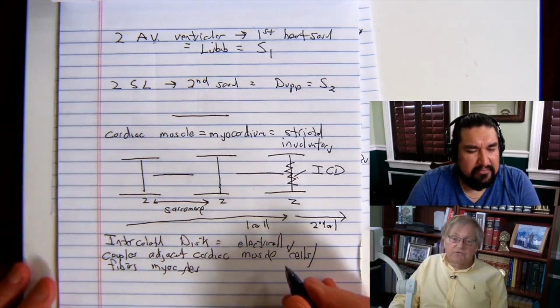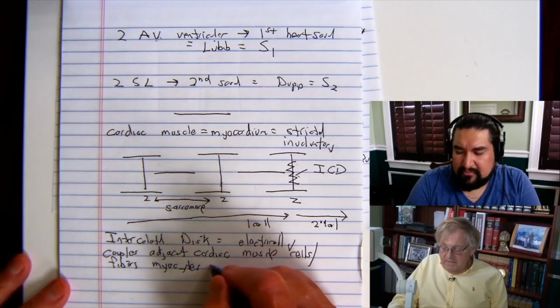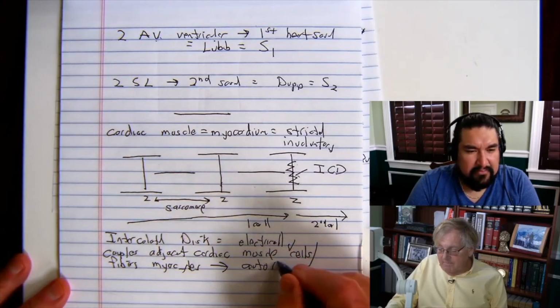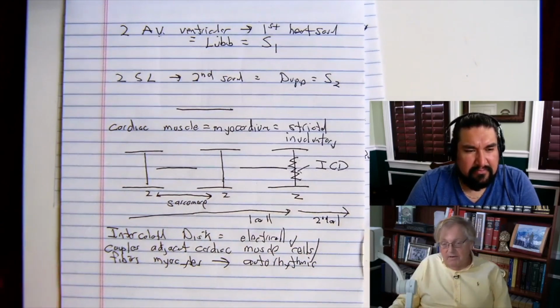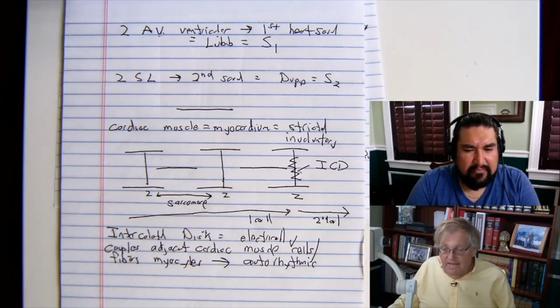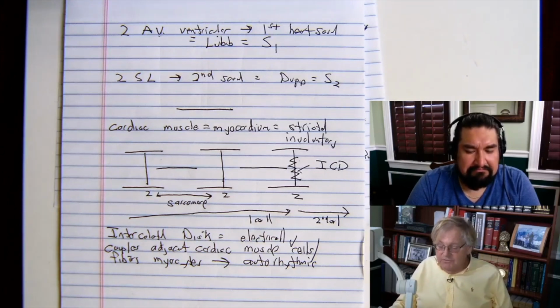It's that structure there, along with the conduction system, that allows my heart to be autorhythmic. It's something you don't want to try, but if I took your heart out of your body, put it in a pan of some electrolytes, it actually could beat on its own because it can generate its own action potentials.